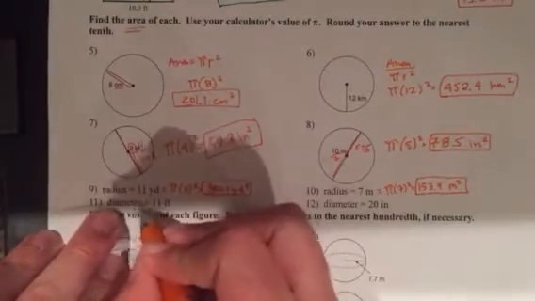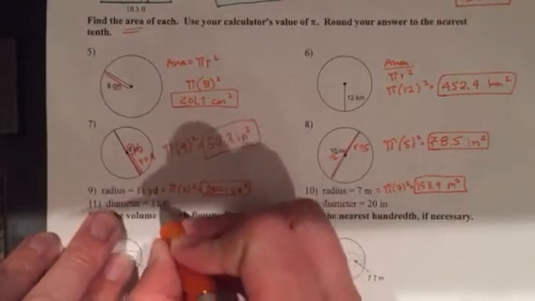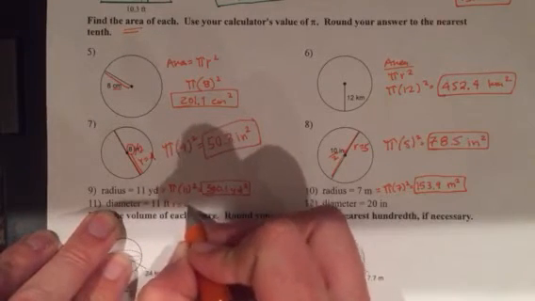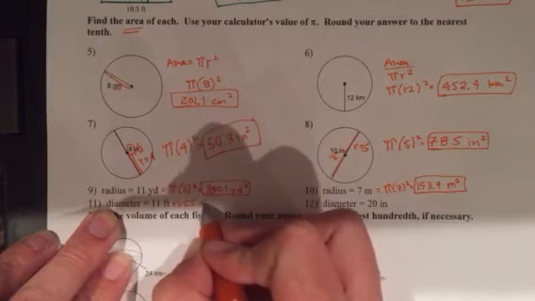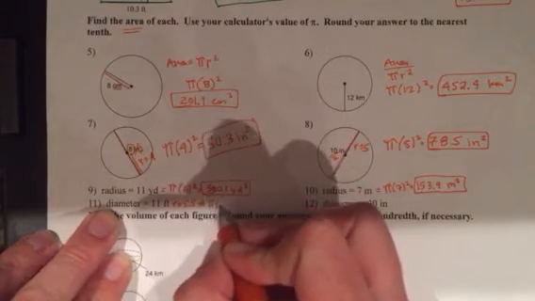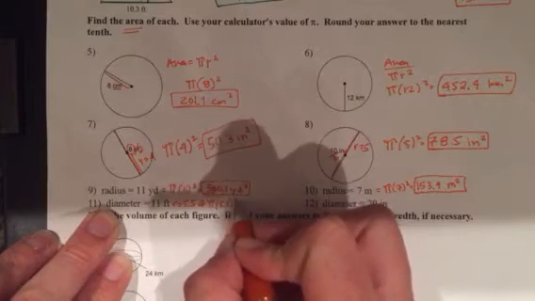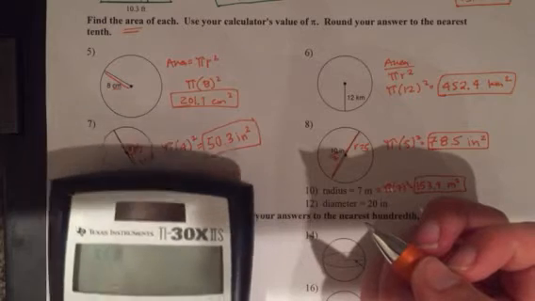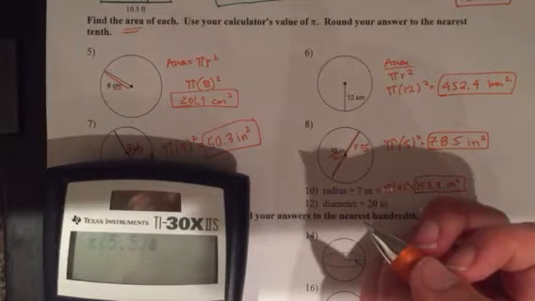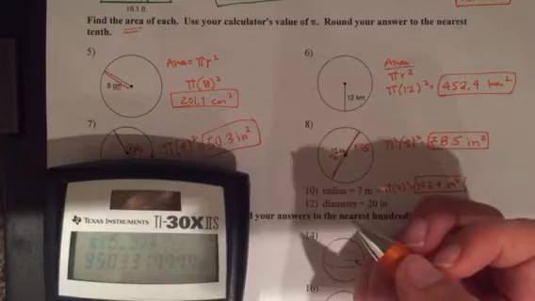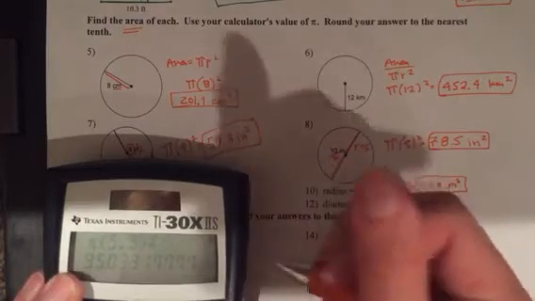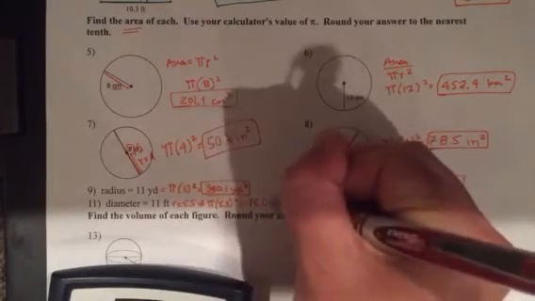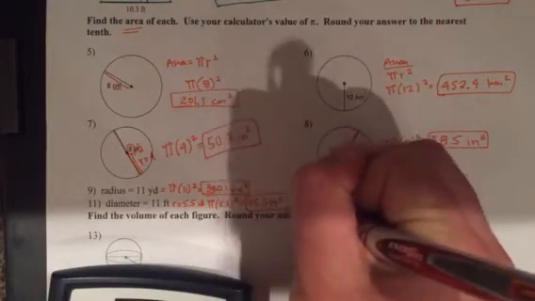The diameter I can't plug into pi r squared, so I have to find the radius. Half of 11 is 5.5, which is r in pi r squared. Pi times 5.5 squared equals 95.0 feet squared for area.